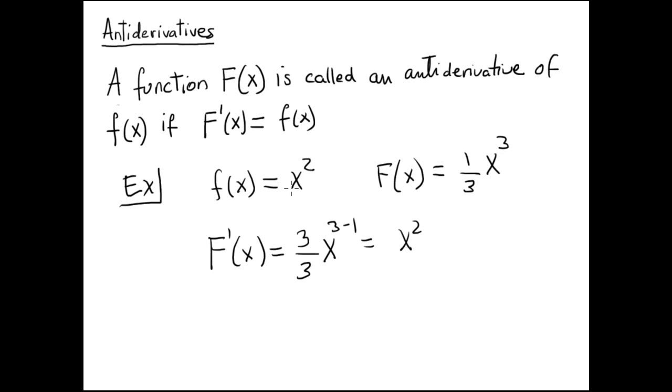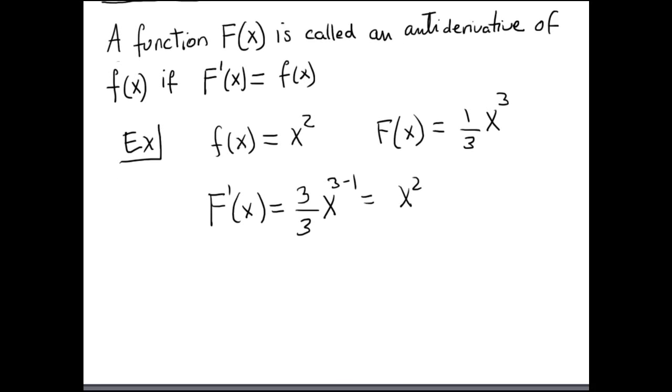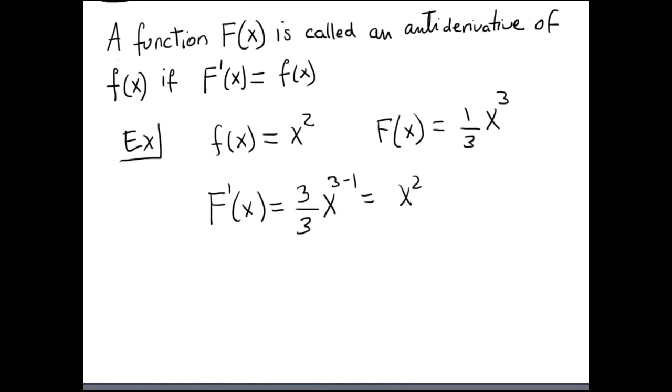In general, when you find the antiderivative, actually the antiderivative of f of x is capital F, 1/3 x cubed plus one arbitrary constant, because you know the derivative of the constant is 0.